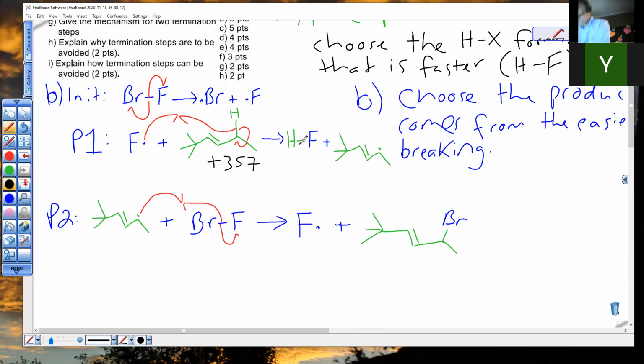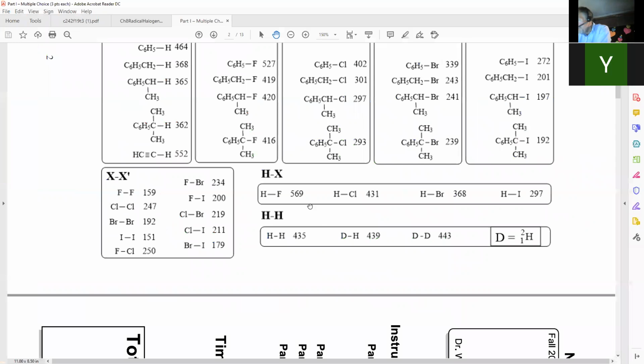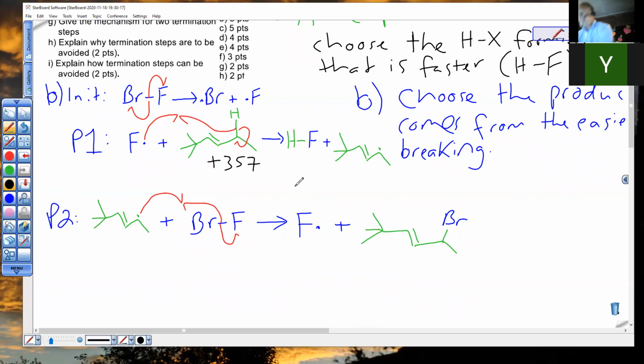Was it negative 565 for HF? Let's find out. HF, negative 569. Why negative and not positive? Because you're making a new bond.